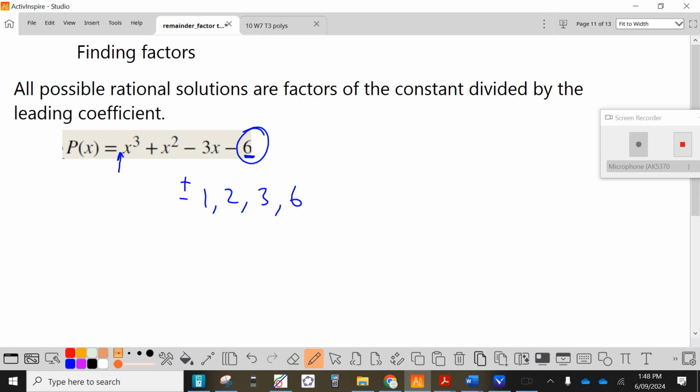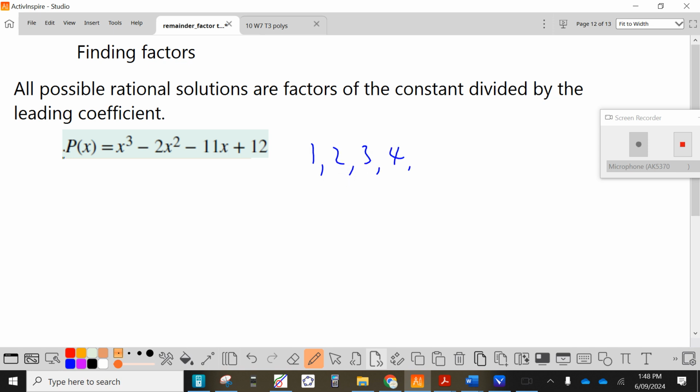So if I wanted to work out what my factors are, if I worked out p of 1, p of negative 1, then one of those, or the 2, 3, 6, should give us a 0, and therefore we have a factor. So likewise here, factors of the 12 would be the 1, 2, 3, 4, 6, and 12, plus or minus those. They are all the possible values you would try to get a 0 remainder.